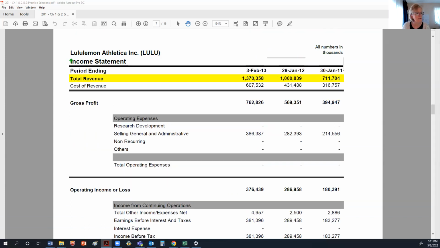Real quick in the chat, without using your calculators, how much growth between January 2011 and 2012, just as fast as you can in your head, just an estimate, put in the chat. How much of a percentage growth in revenue from 2011 to 2012? 40%? Any other guesses?